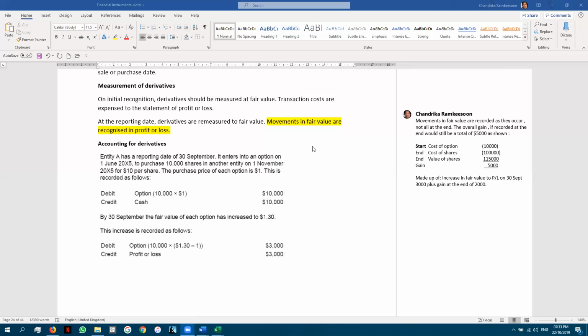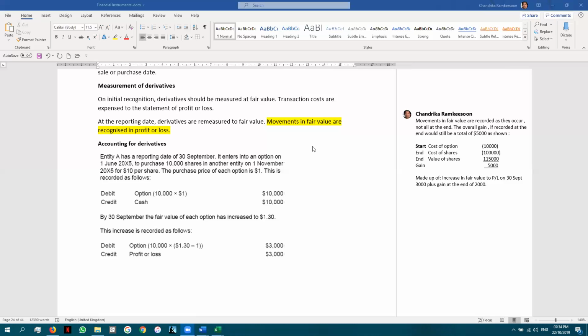And what the entity would therefore pay at the start is $10,000. Now, unlike a straightforward investment, by the way, purchasing shares is an example of a financial asset. Remember, we saw that earlier. It's not a non-financial item, it is a financial item.